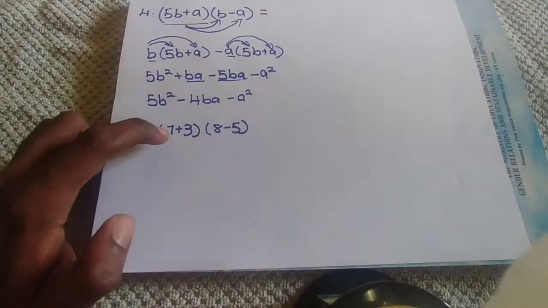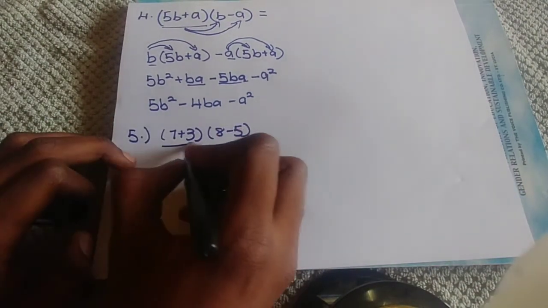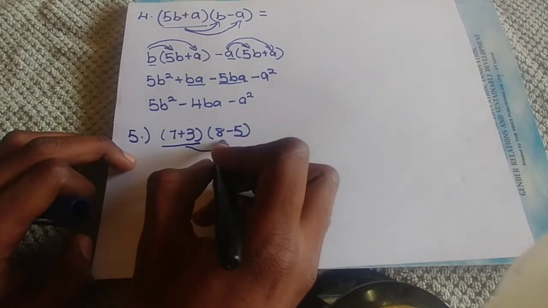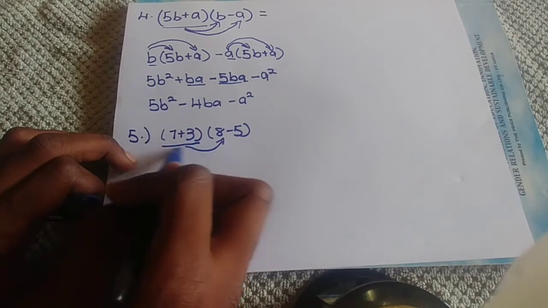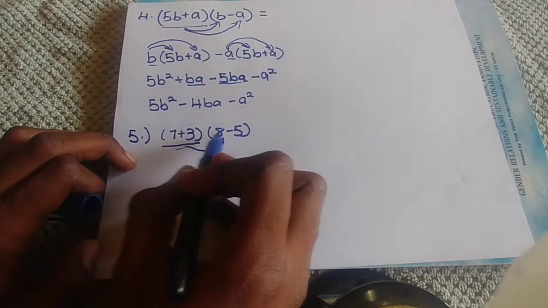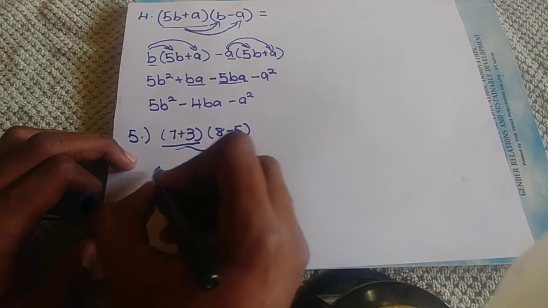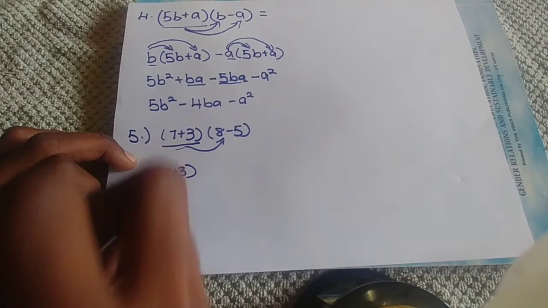So that's what's on the outside, we take this and then we multiply it by these brackets. So we're treating 7 plus 3 as 1 thing, which is 10. So this is 7 plus 3, or 10, times 8. That's 8 times 7 plus 3, or 8 times 10, that's the same thing.